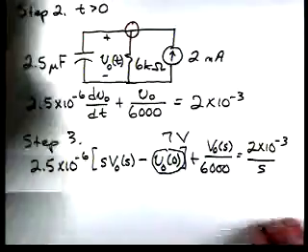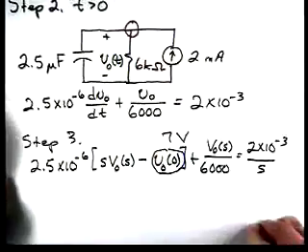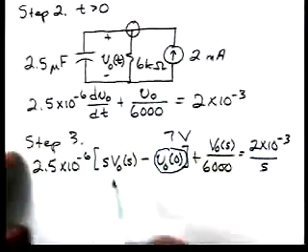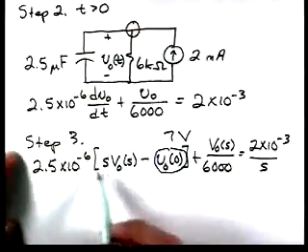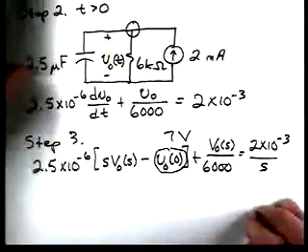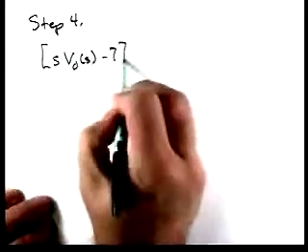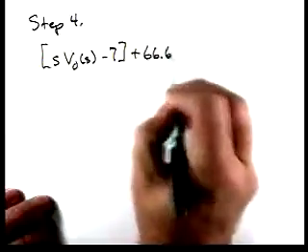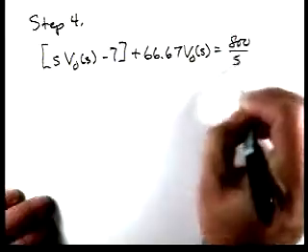And step 4 says, now solve for V0 of s. If we get the coefficient of V0 of s as 1 times s, we can rewrite this equation as s V0 of s minus 7 plus 66.67 V0 of s is equal to 800 over s.